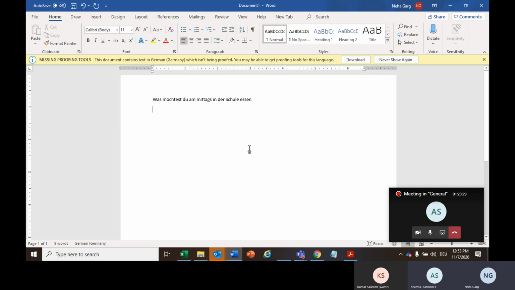Konntest du eine Schuluniform tragen? So here, could you wear a school uniform, or maybe you can ask, did you want to wear the school uniform? If you use wollte, yes, wolltest, that will make more sense in this question. So wolltest du eine Schuluniform tragen?